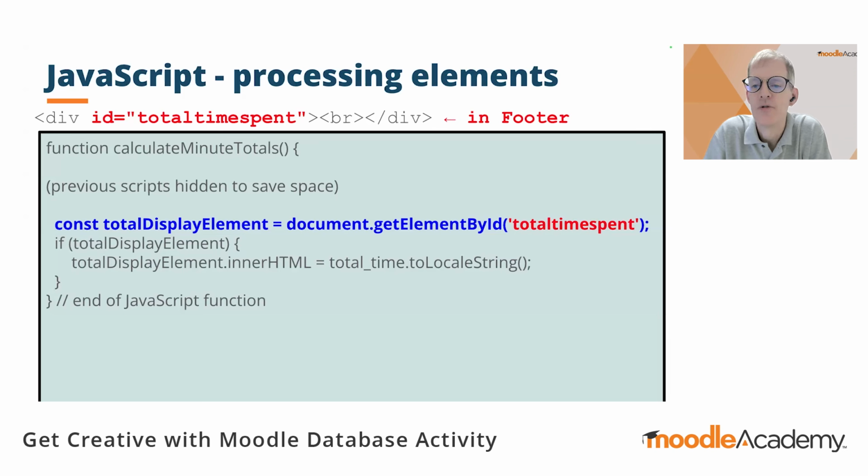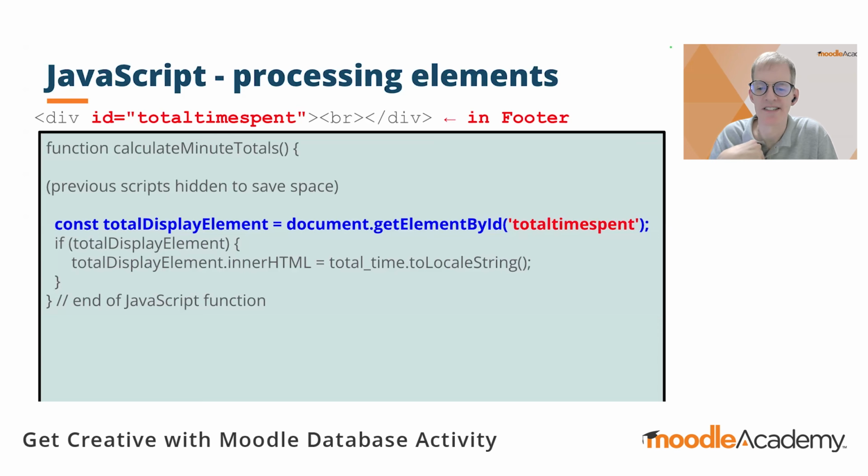In our list view template, in the footer, we have a div tag with an ID set to total time spent. So IDs are fields on web pages that should realistically only occur once. Okay, this is an important point because we're using a different function to find that element. Okay, get element by ID.